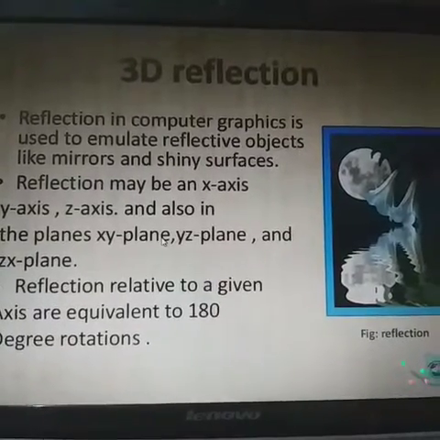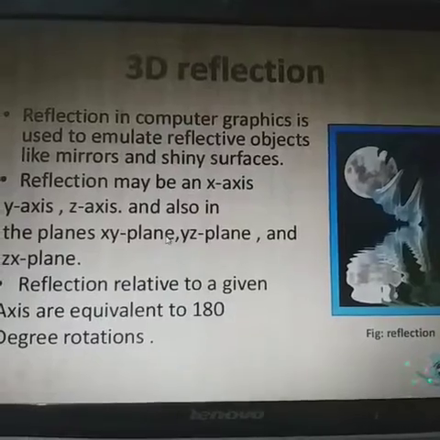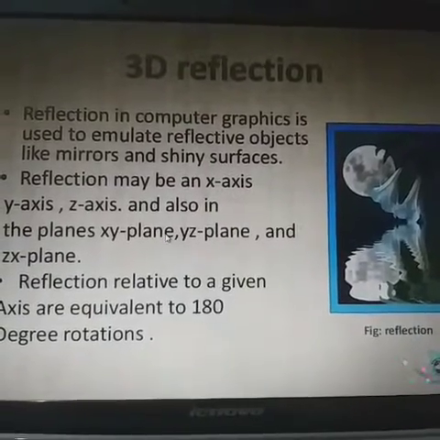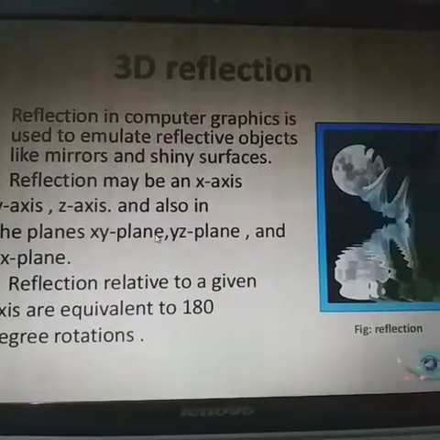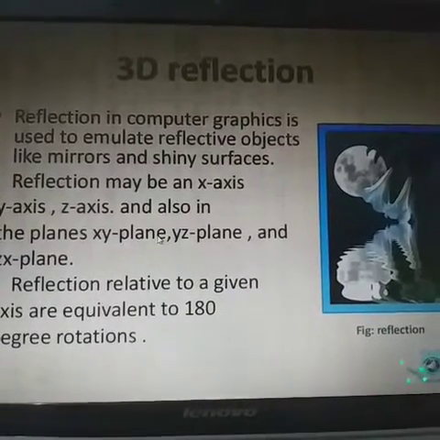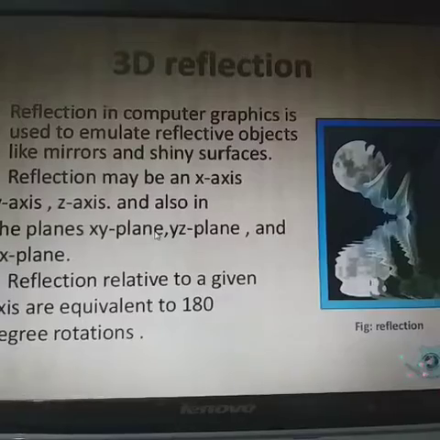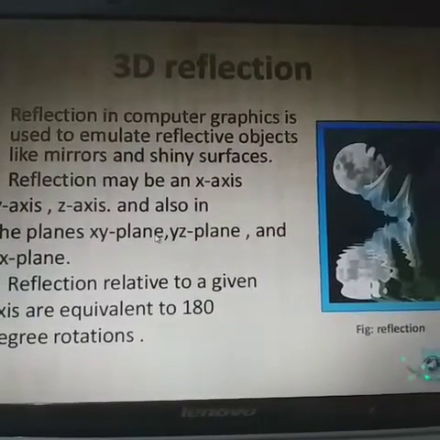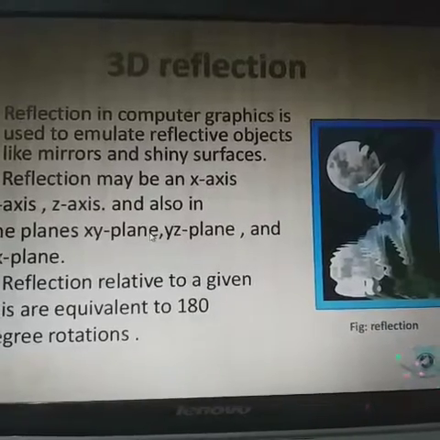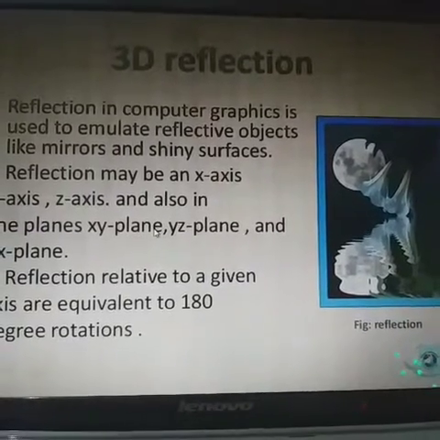So reflection about any given axis is equivalent to 180-degree rotation. Reflection is opposite. If we talk about the example of a mirror, we are standing in front of the mirror, then the reflection is about 180-degree rotation.